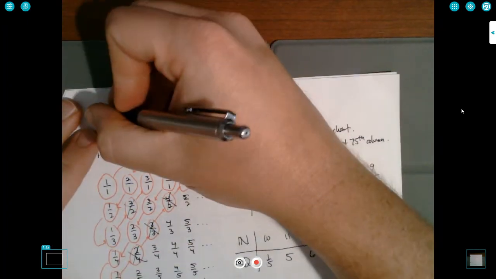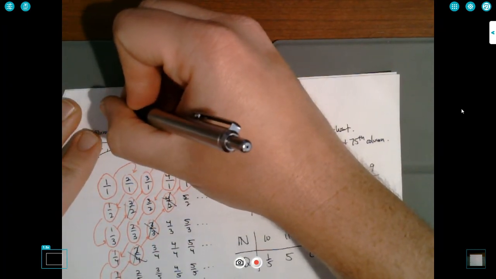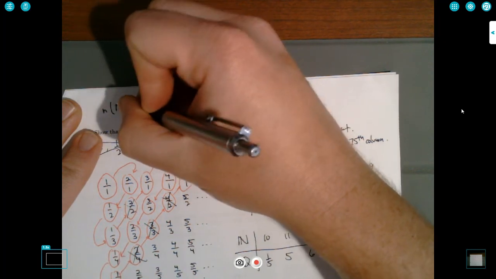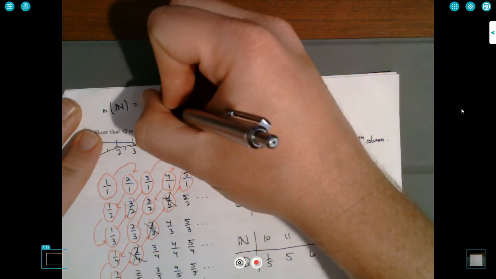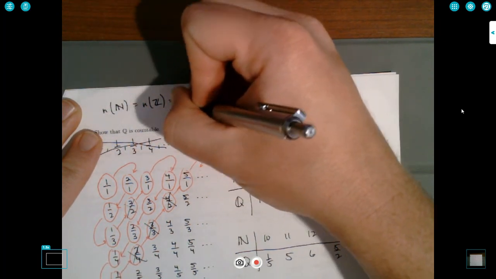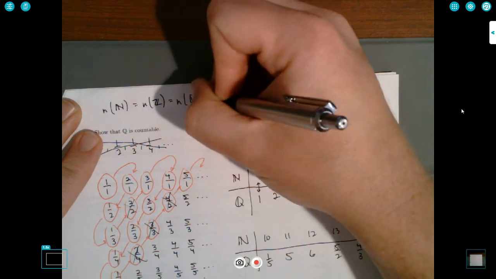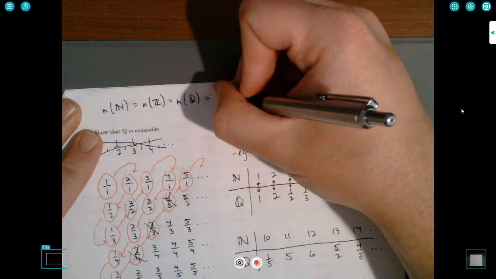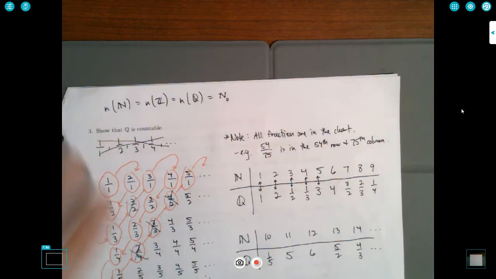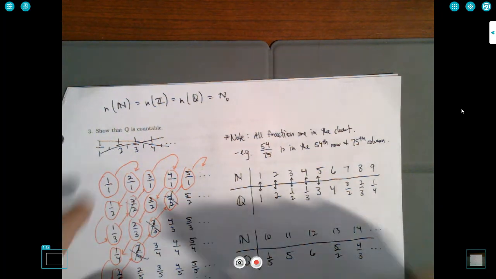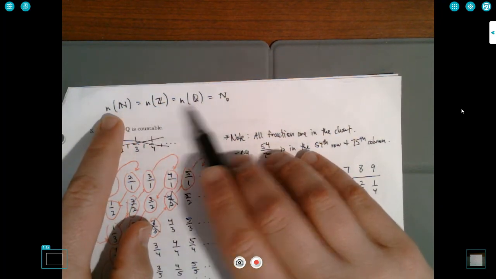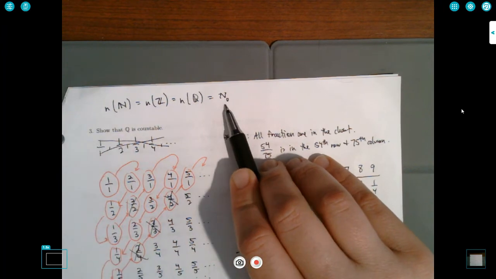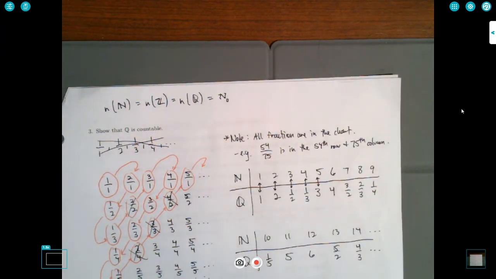We've shown that n of N is equal to n of Z, which is equal to n of Q, which is equal to aleph null. I'm not very good at writing aleph, but there you go, right? That's what we've shown so far. So you might be thinking, well, maybe any infinite set is going to have cardinality aleph null.